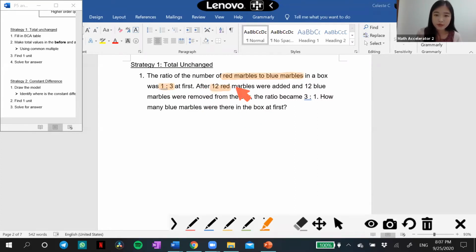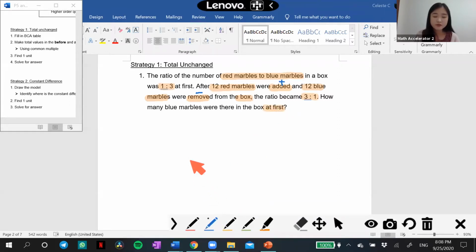After 12 red marbles were added and 12 blue marbles were removed from the box. When you add, you plus. When you remove, you minus. Indicate it there so that you know what's going on. At the end, the ratio became 3:1. How many blue marbles were there in the box at first?